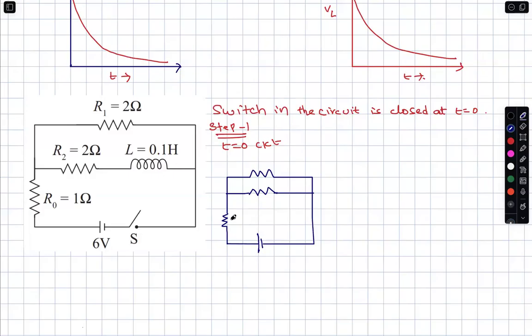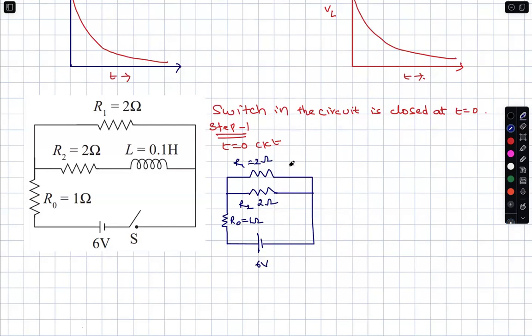This is some R naught. This is 2 ohms, which is R2. And this is 2 ohms. And remember, this is 1 ohm. In this case, this is 6 volts.